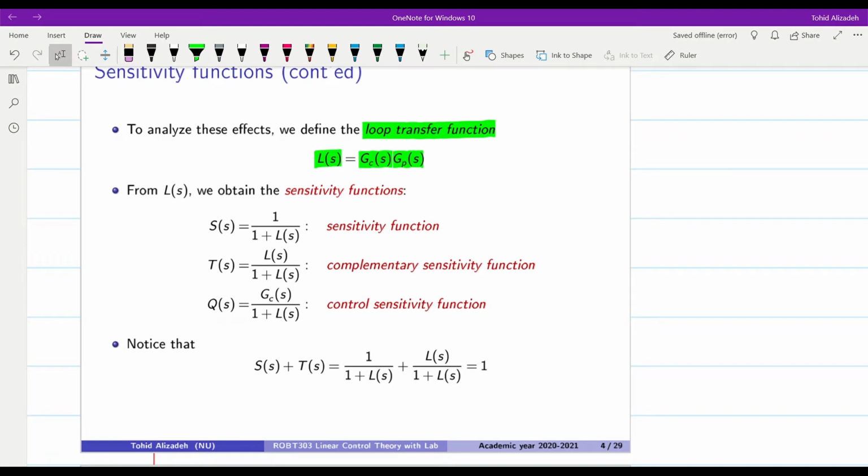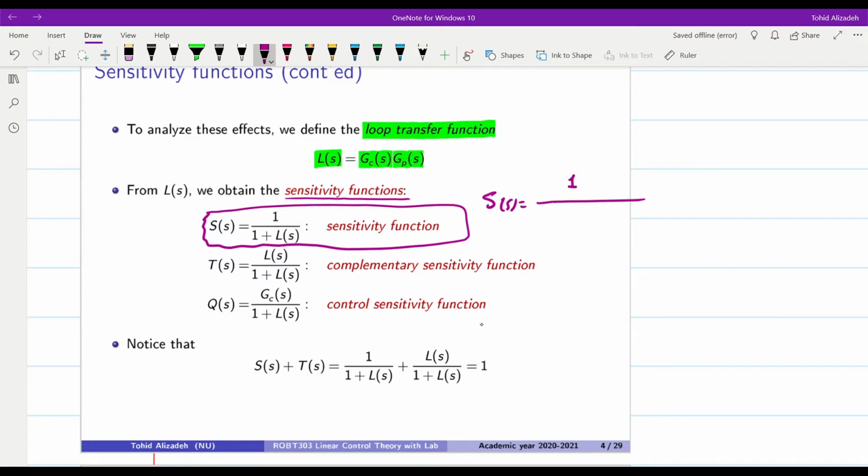Then, using L of S, the sensitivity functions are defined as you can see here. The first one is called the sensitivity function, shown as capital S of S, and it's defined as 1 over 1 plus L of S. So S is equal to 1 over 1 plus GC times GP.